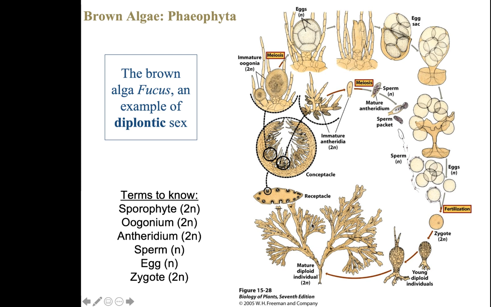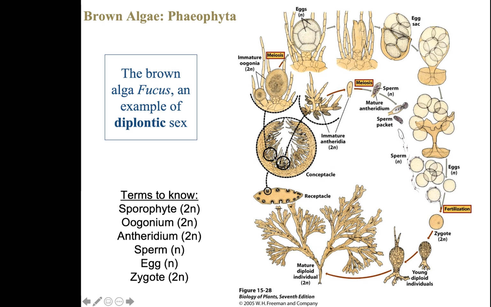Well, in Fucus, there are these little structures that house other little structures, and you're not responsible for knowing these words. But inside of these structures, so this would be a look under the microscope if we zoom in on one of these little tiny tips of this sporophyte.